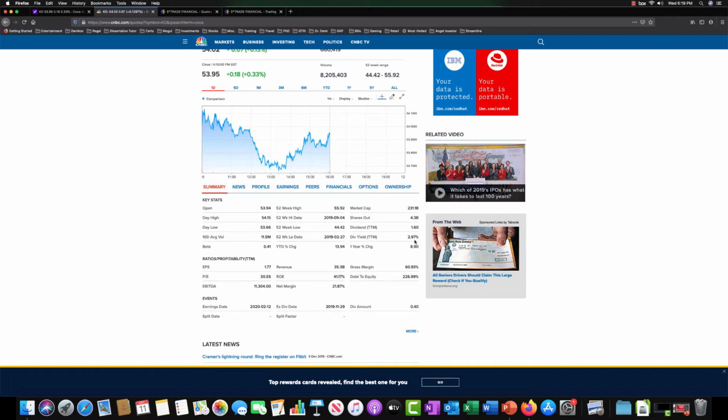So if I'm getting $2 a year per share and the stock costs me $53.95, then the dividend yield is 2.97%. Now, this is relatively low, but there's a reason why some people prefer something like the Coca-Cola company, and that's because of their stability.